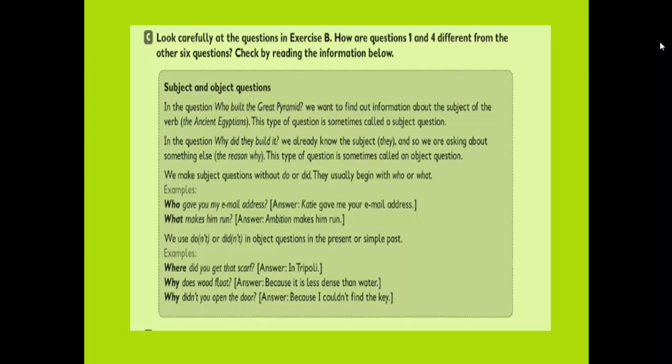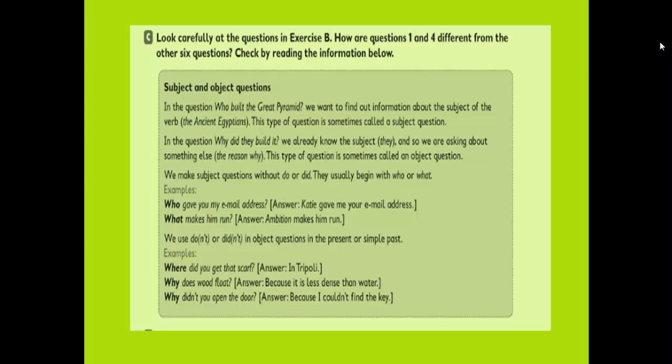We use do not or did not in object questions in the present or simple past. Examples: where did you get that scarf?